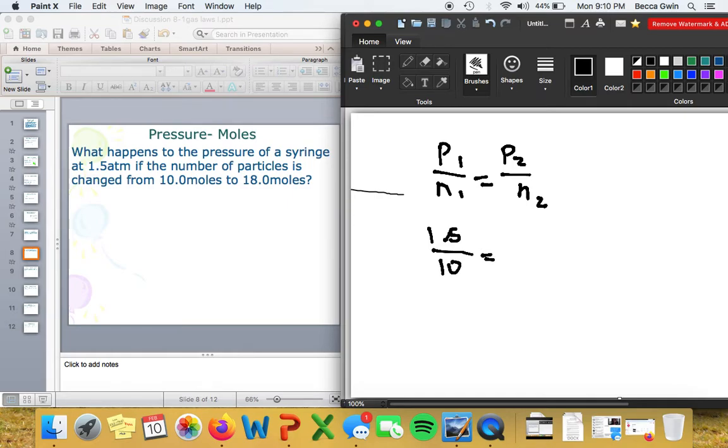We're going to increase those moles to 18, and we're going to solve for P2. Cross multiply and divide, and you get a pressure value of P2 equal to 2.7 atmospheres.